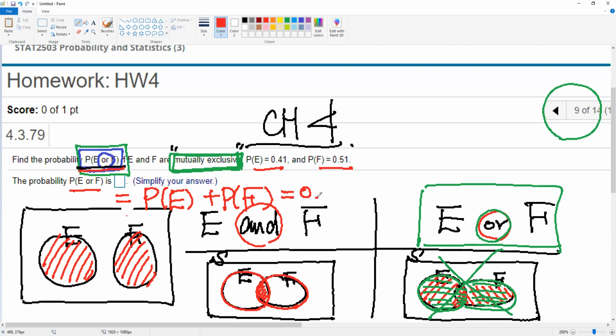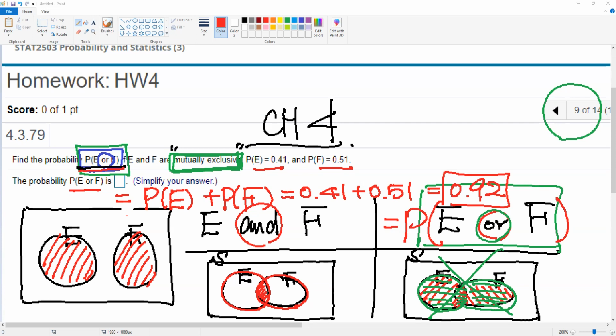So I just add 0.41 and 0.51, then the answer will be 0.92. It is the probability of E or F. It's 0.92.